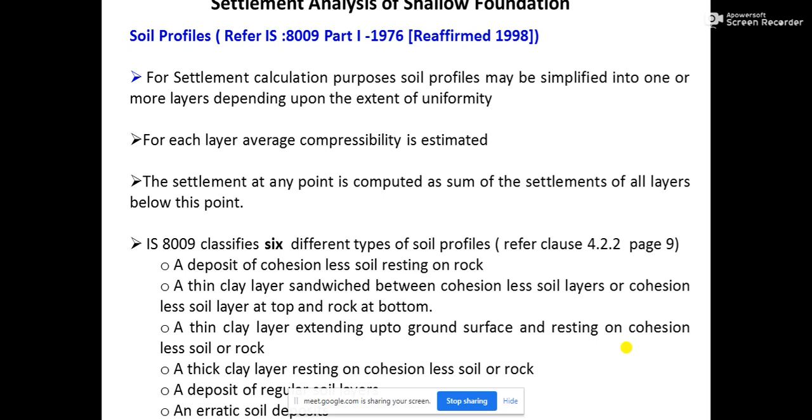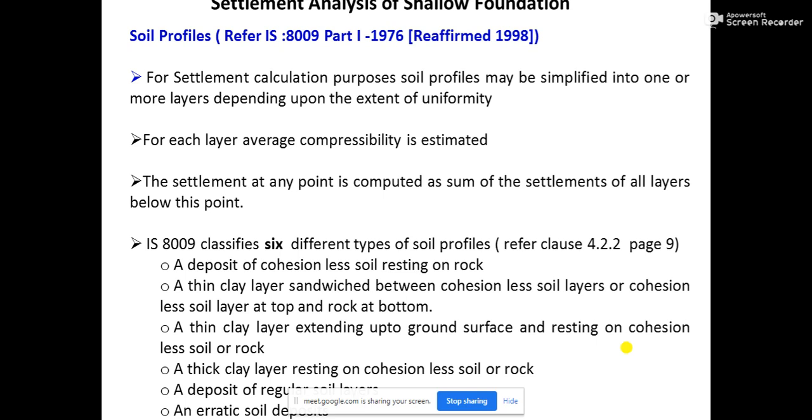So in such soil, where a clay layer is sandwiched, you may expect an amount of consolidation settlement occurring in the clay layer, and we have solved problems while discussing consolidation of soil, if you remember.